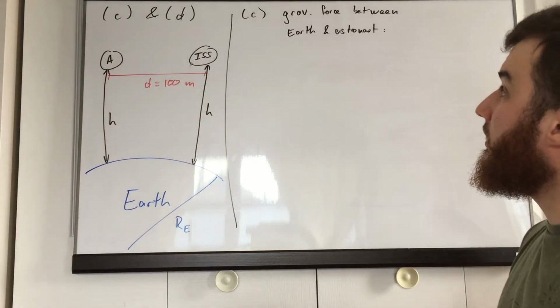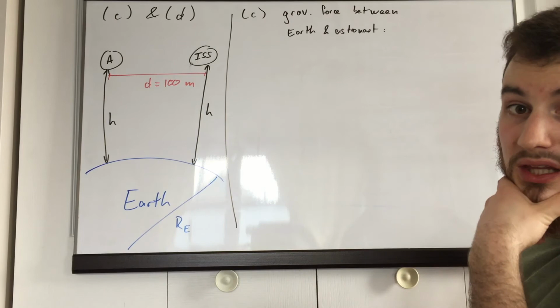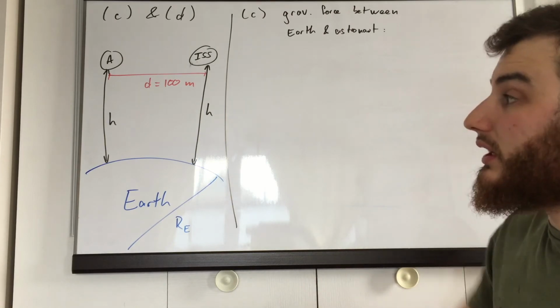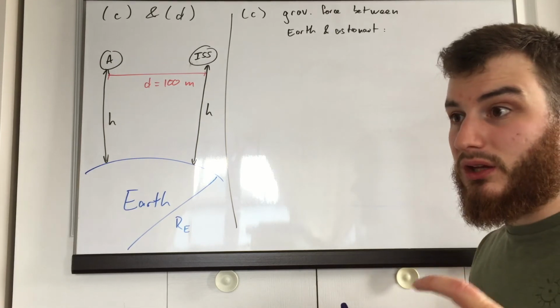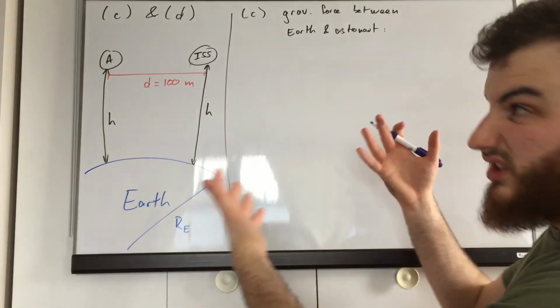We need to find the gravitational force between the Earth and the astronaut. We don't even need to draw the diagram. We know it's going to be pointing downwards, and since we're only considering that force, and we know its equation, well, this is it.